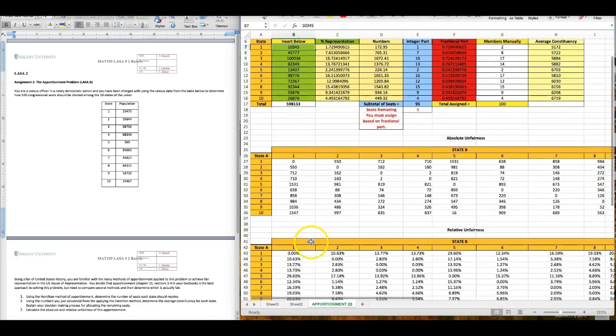So according to these average constituencies, we're saying that the representatives for state 2 are working about 10.63% more, or harder, than the representatives in state 1. That's literally what that relative unfairness means.